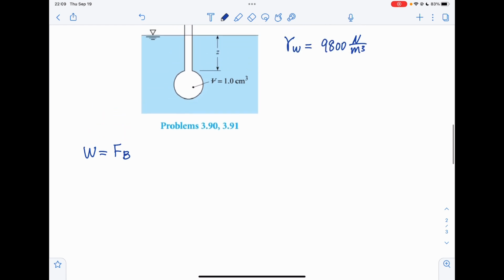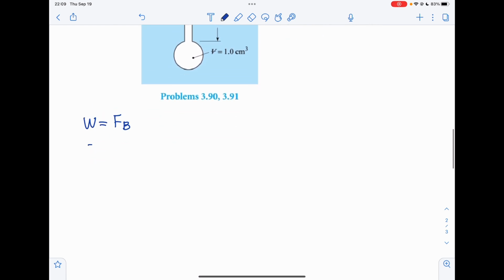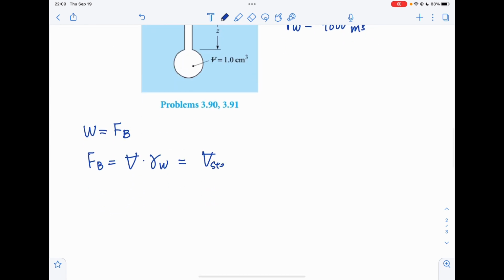So now we need to calculate the buoyant force FB, which is going to equal the volume times gamma water. In our problem, this volume is the volume of the stick plus the volume of the bulb.